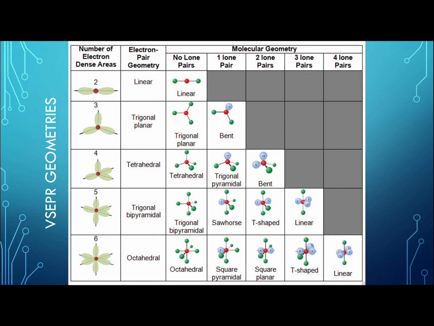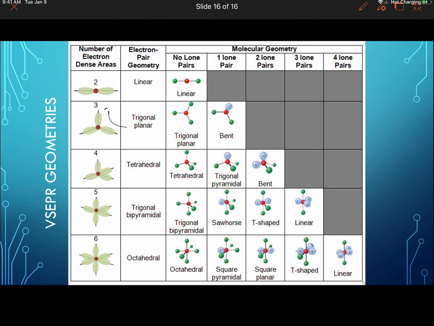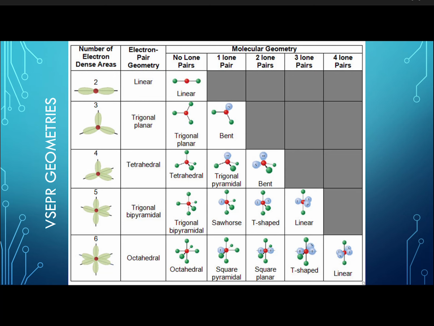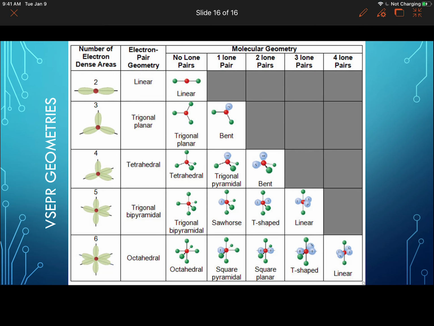So what do I mean by this? Here I've got all of the VSEPR geometries that we're going to be seeing in this lab. So it is based on the number of electron domains or groups.